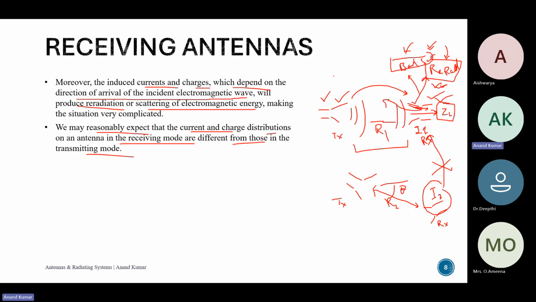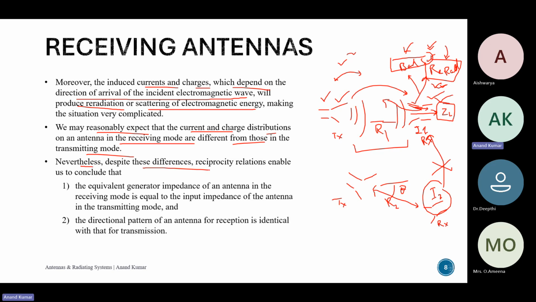Transmitting, it will have some different current distribution as compared to when it is in the receiving mode. But it will still be very similar. It will be different, but similar, not exactly the same.